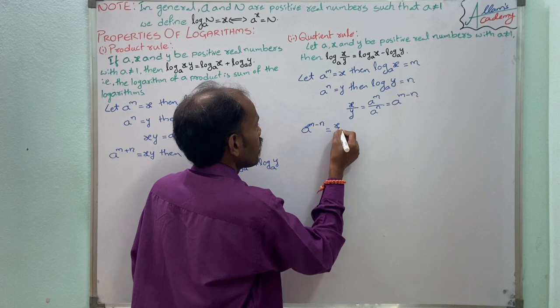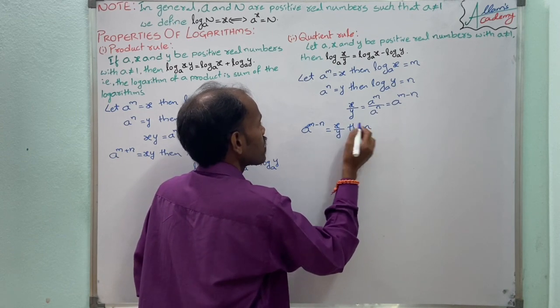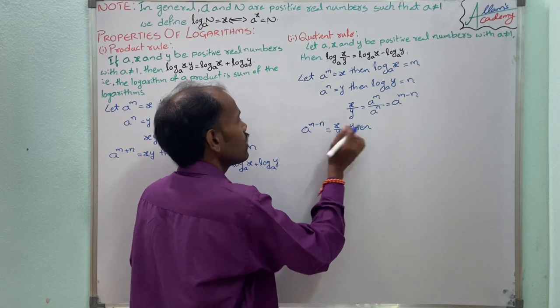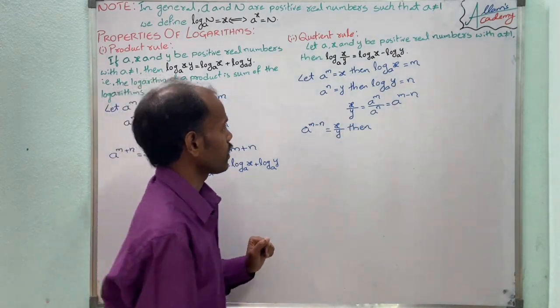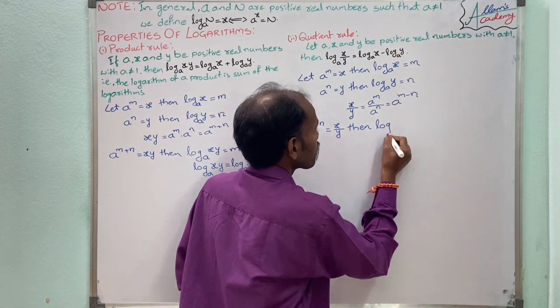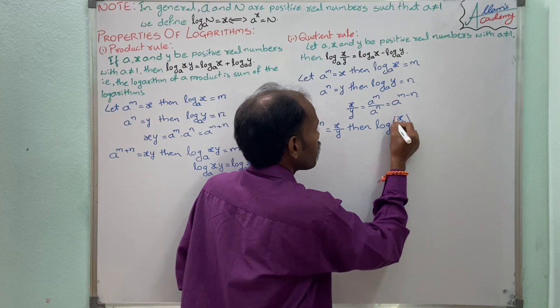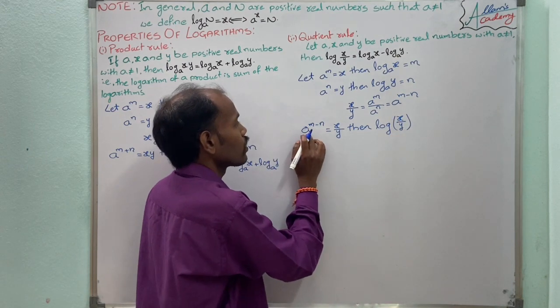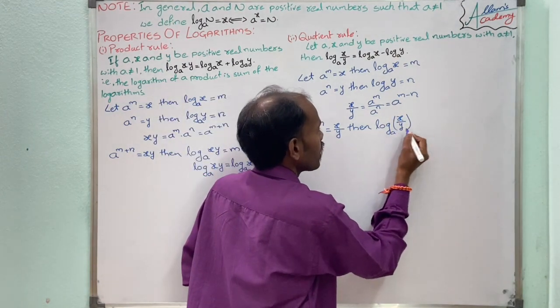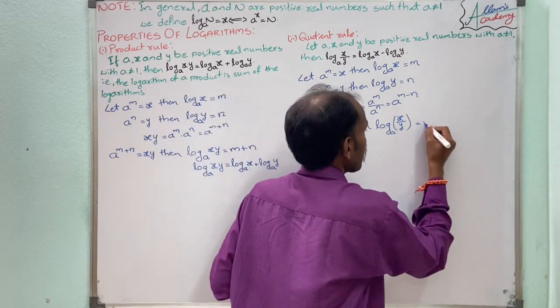So here x by y equals a power m minus n. Writing this exponential form as logarithmic form, the result is x by y, so log x by y, and the base is a, and the exponent is m minus n.